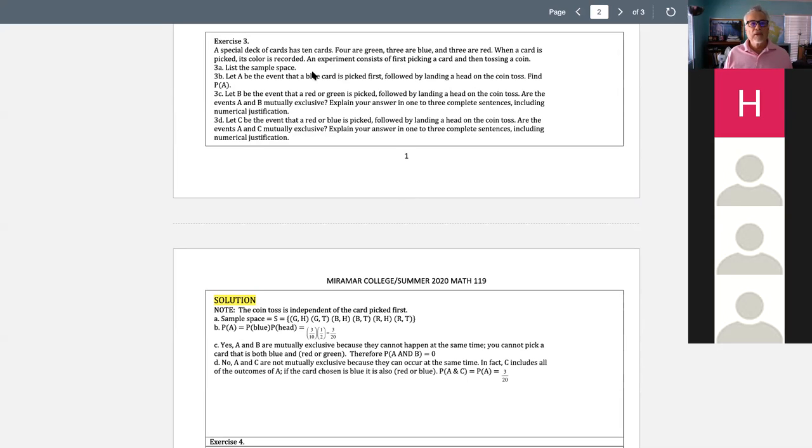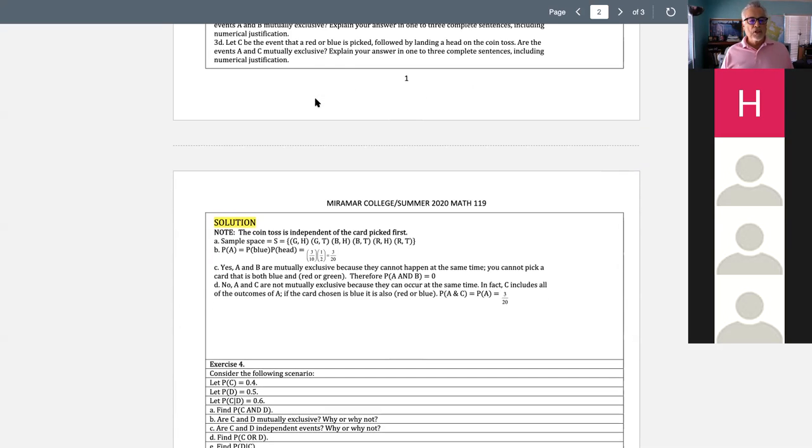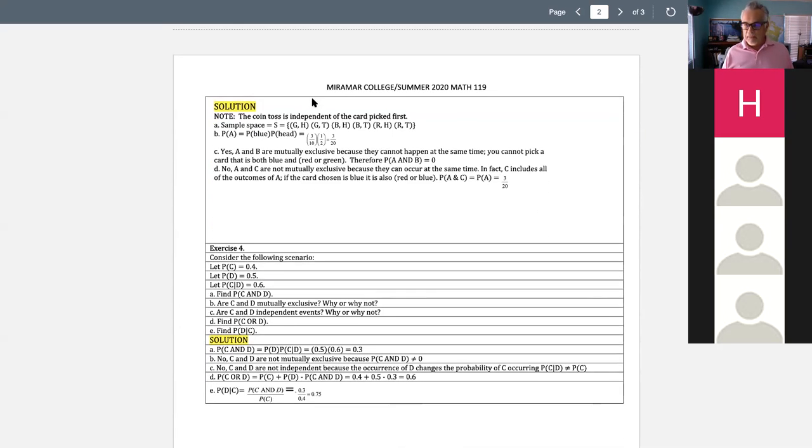So here we have this bilateral experiment, right? We're doing 2 things. We're drawing a card, and then we're tossing the coin. Now, let's look at the solution here for the sample space. Remember, in these experiments, if we can list the sample space and count the number of elements in the sample space, then we have the denominator of our relative frequency.